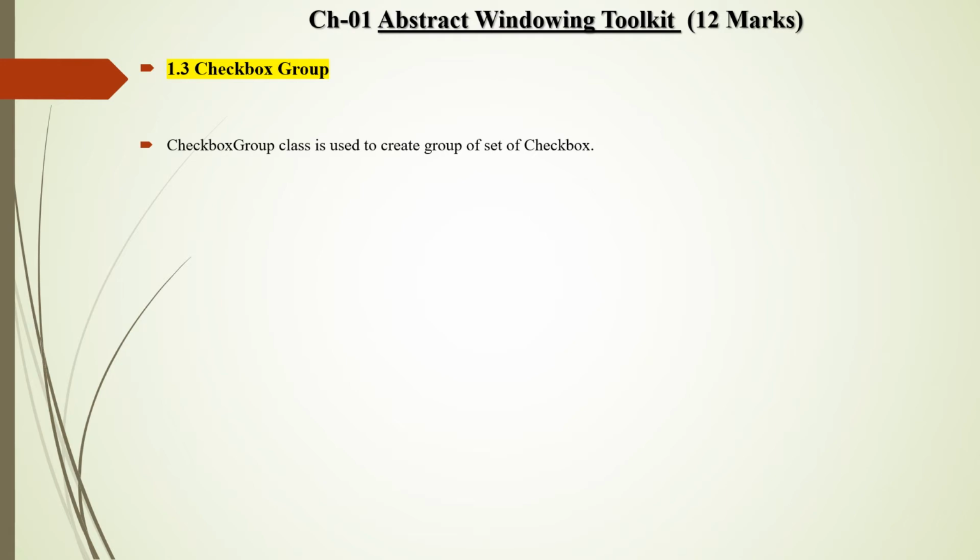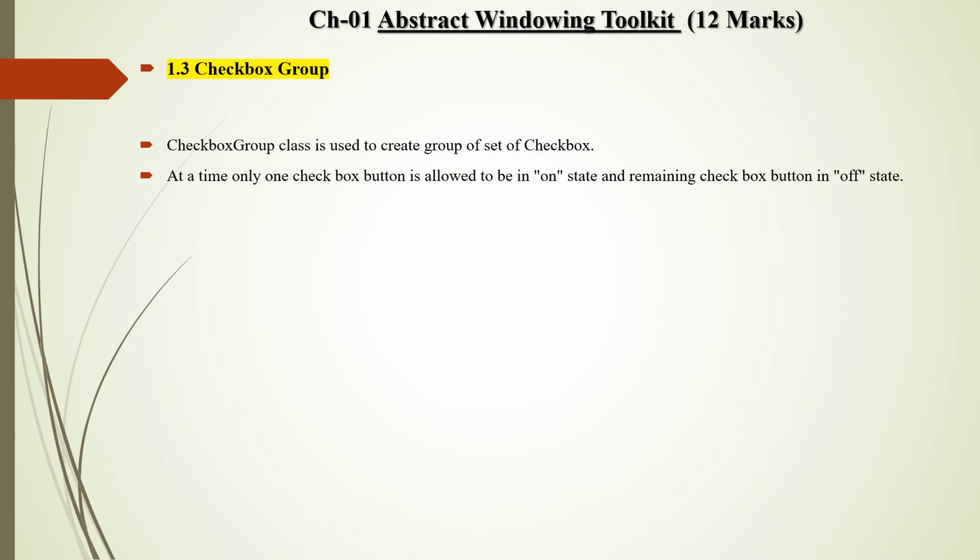In that we can display the options civil engineering, mechanical engineering, computer engineering and electrical engineering. From these options the student can select only a single option. So for that we create a group of checkboxes. In a checkbox group, at a time only one checkbox button is allowed to be in the on state and the remaining checkbox buttons in the off state.